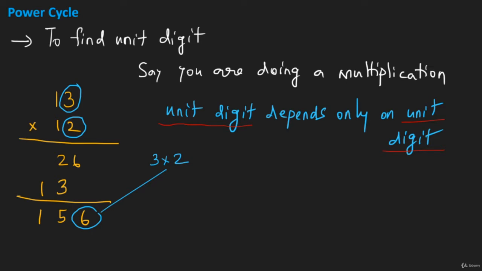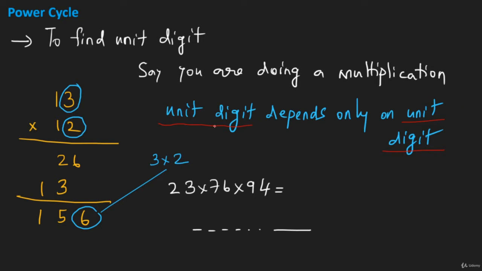Say you have another multiplication, for example you want to multiply 23 into 76 into 94. You will get a big answer over here, but we are only interested in the unit digit of the answer. To get that, we don't actually need to do this multiplication. We just need to multiply the unit digits involved.